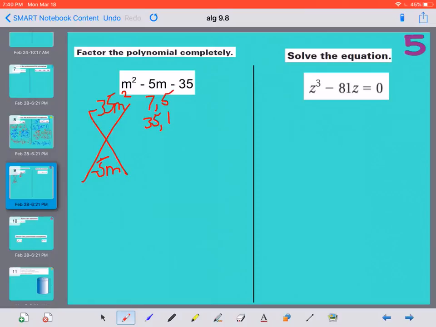Well, it looks like this one is not possible. Unless I'm missing something, but it doesn't look like I am. So it doesn't look like this one is possible to solve. So I guess we can't factor this one.